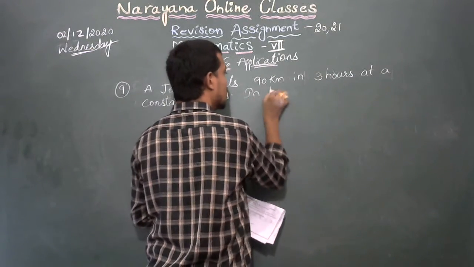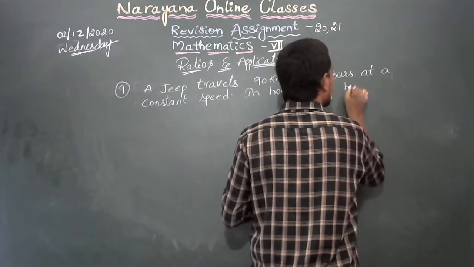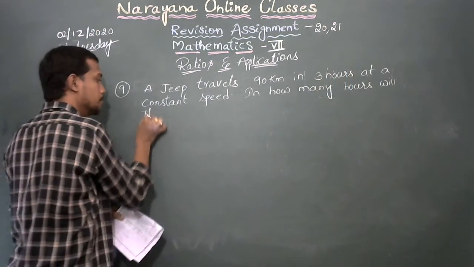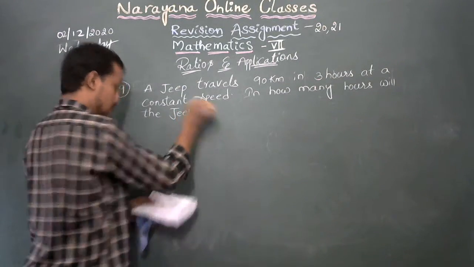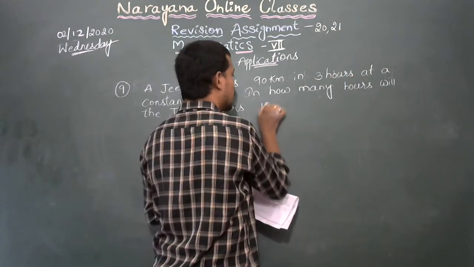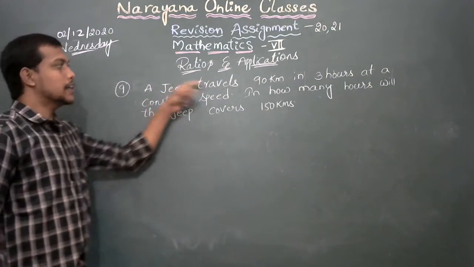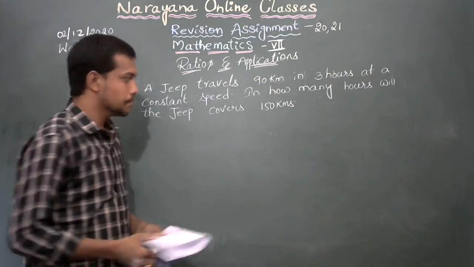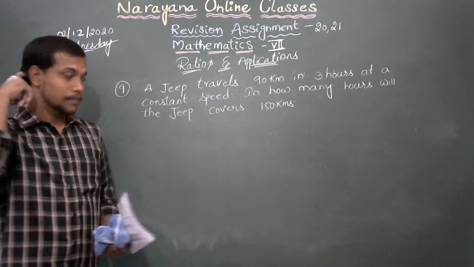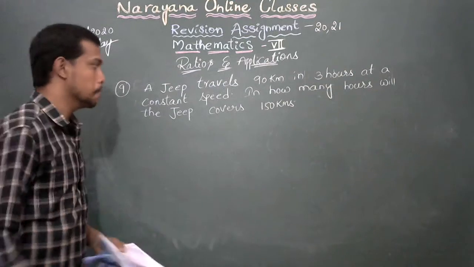In how many hours will the jeep cover 150 kilometers? See, a jeep travels 90 kilometers in 3 hours at a constant speed, the same speed. In how many hours will the jeep cover 150 km?